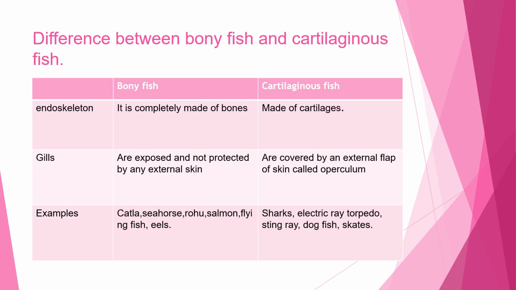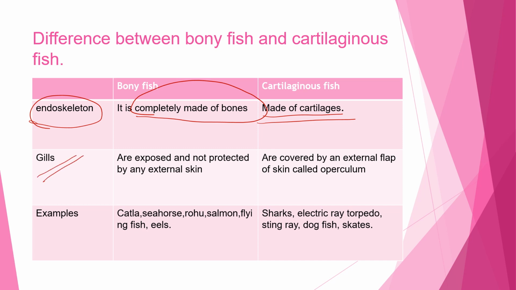Before moving to the examples of bony and cartilaginous fish, we should first know the difference between bony fish and cartilaginous fish. So first we have taken 3 points on which we can discuss the differences. First, the endoskeleton: how are they different? In bony fish it is completely made up of bones, whereas in cartilaginous fishes it is made up of cartilages.